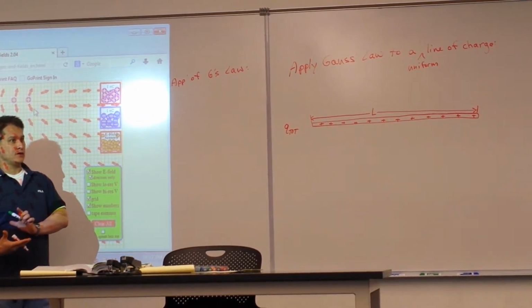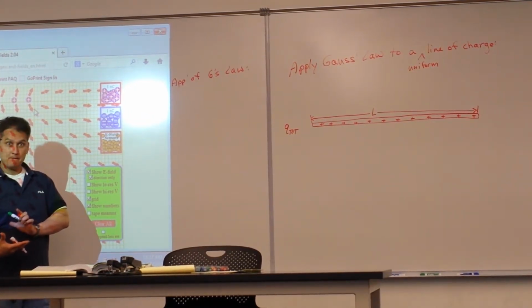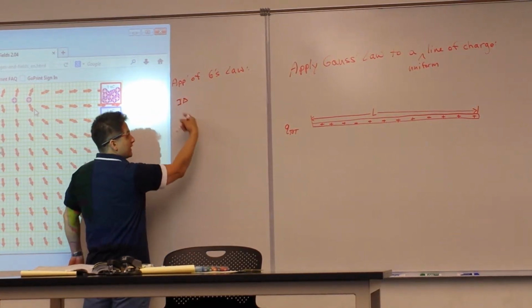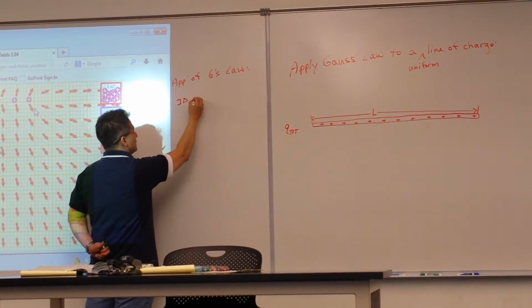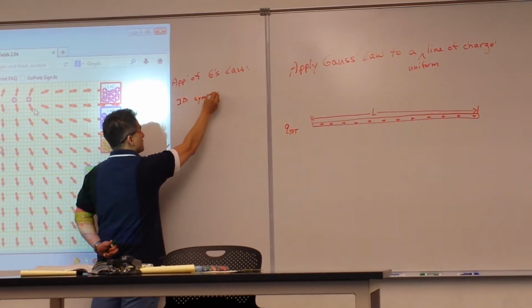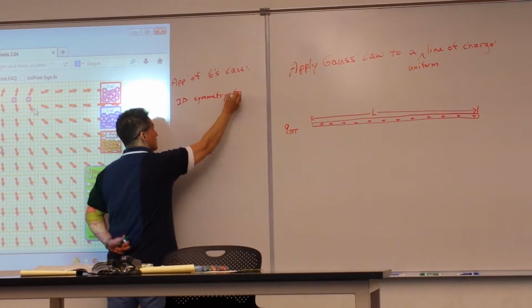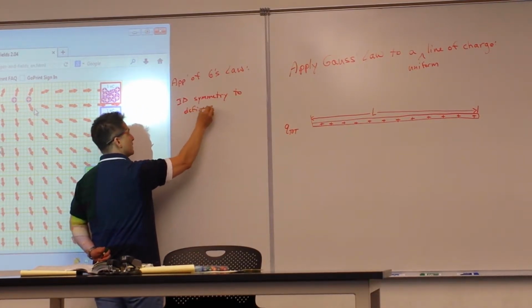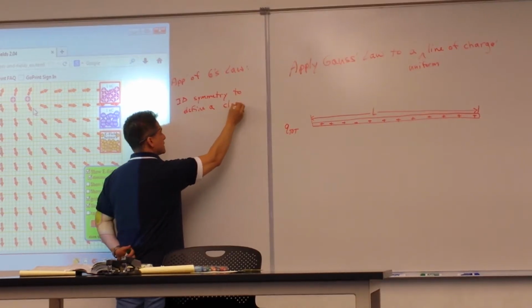If it's not useful, then there's no point. Okay, so what might be a useful symmetry to define a closed surface?